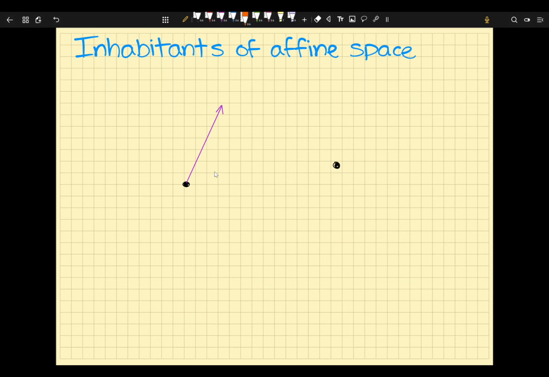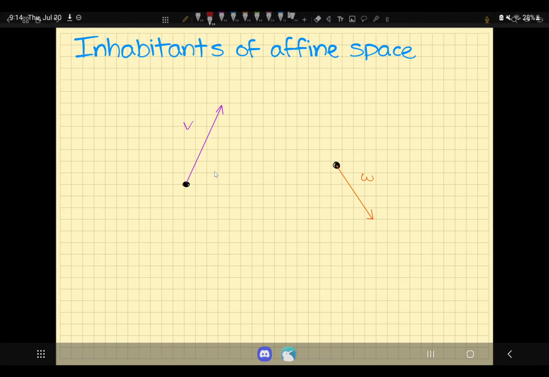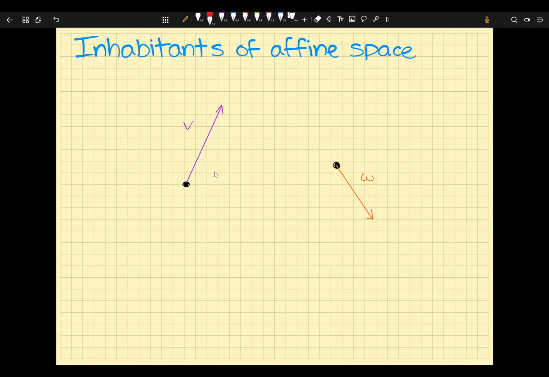This vector is going to be v, and this vector is going to be w. Now, from my perspective, sorry, something isn't adding up about this diagram. Okay, I figured it out.